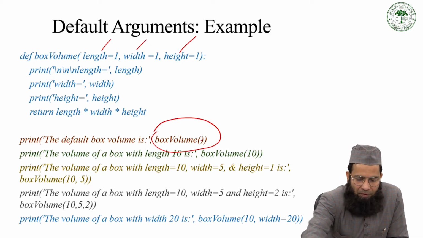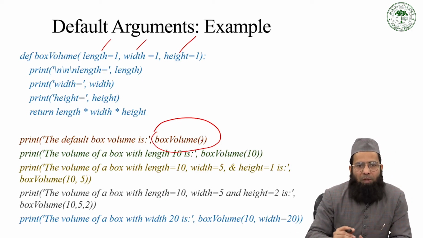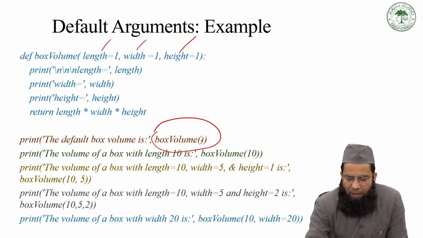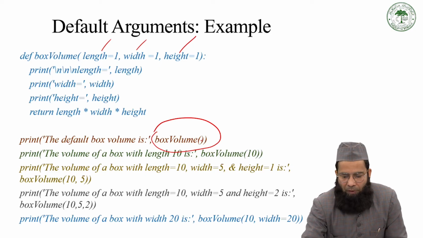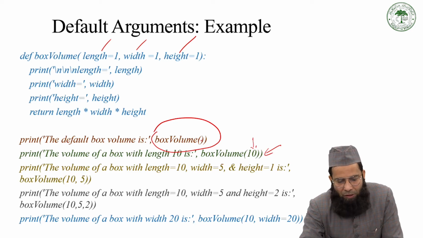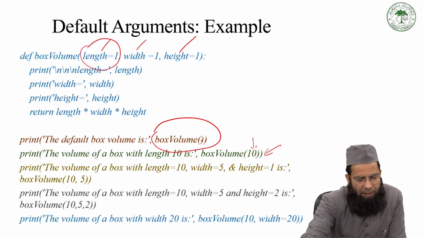Length will be initialized with 1, width will be initialized with 1, and height will be initialized with 1. In this way, you can call a function. Similarly, if you are calling a function and passing one value, 10, then 10 will be assigned to the very first parameter. So length would be 10, and the rest of the parameters will remain 1.